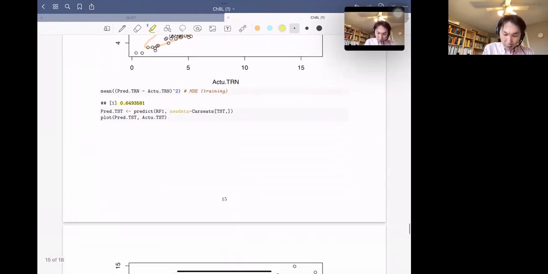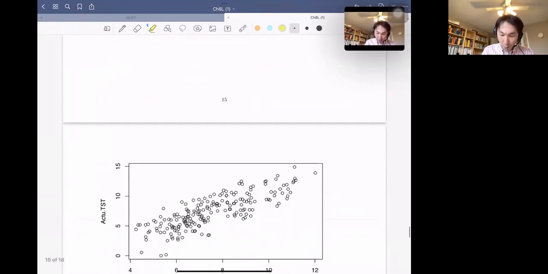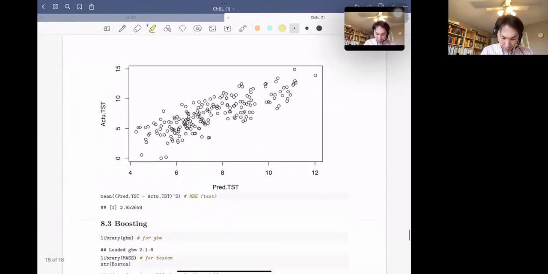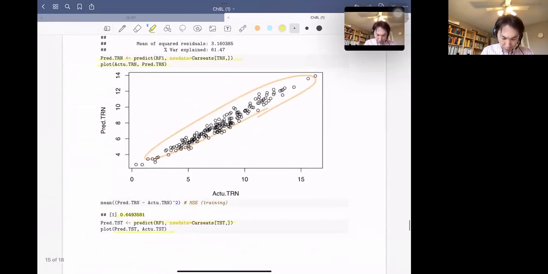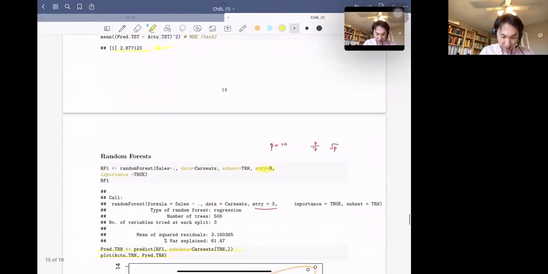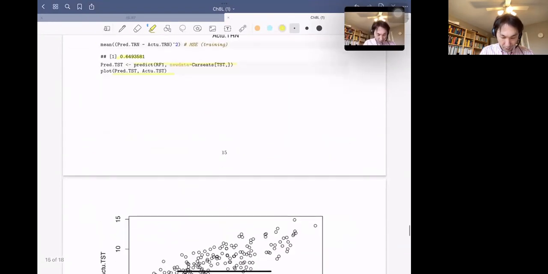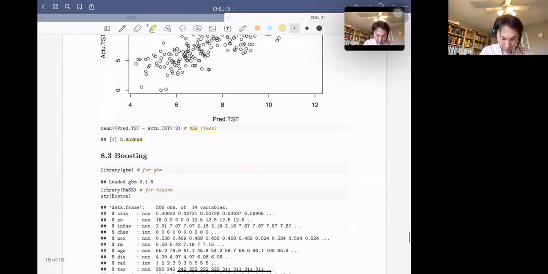But when we do the prediction for test set, that is a more fair way to compare. Actually, this MSE is 2.95. So in this case, the random forest performs slightly worse: 2.877 versus 2.952.